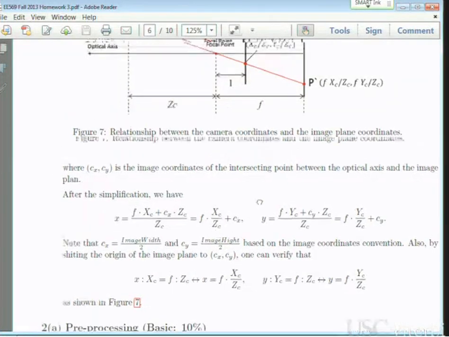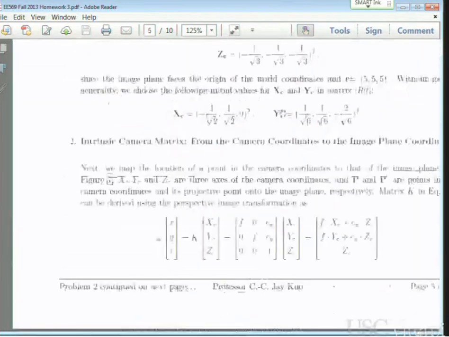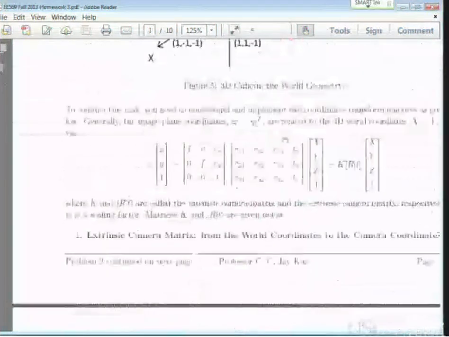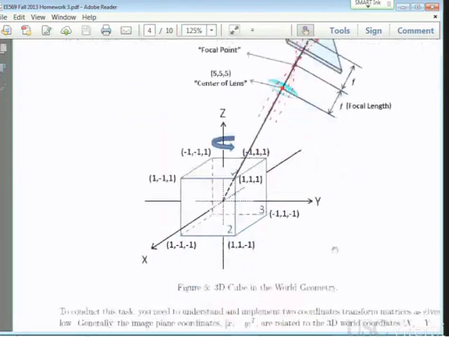You don't have to worry about the origin. It shouldn't be here. The origin should be here in the extrinsic model. So I will ask the TA to fix this problem. We'll erase this one. Don't worry about the one, and 555 comes here, and that's the point you need to worry about.